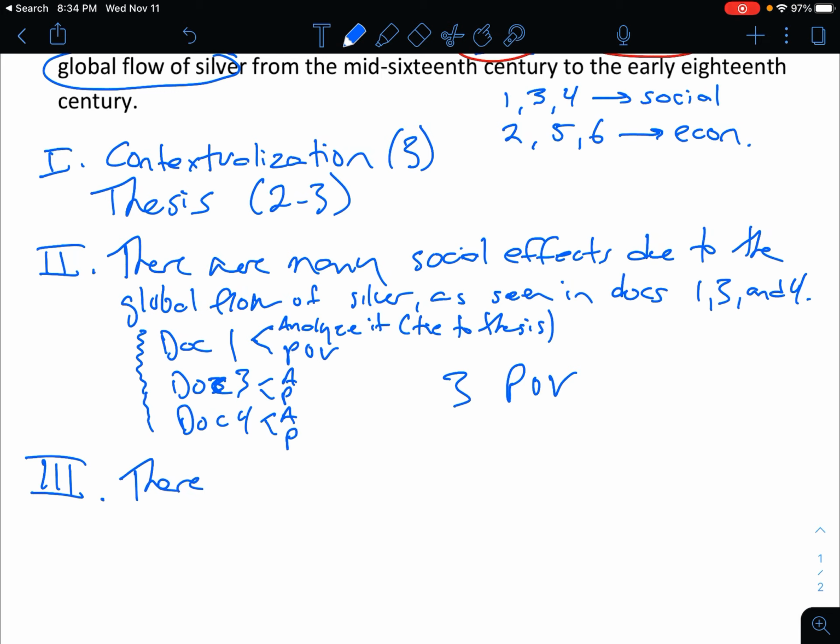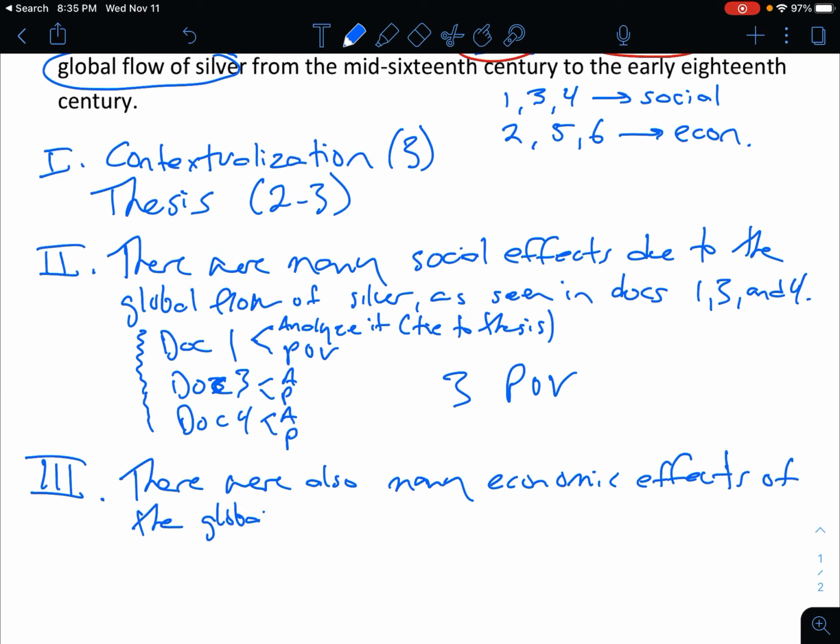There were also many economic effects of the global flow of silver as seen in documents 2, 5, and 6.